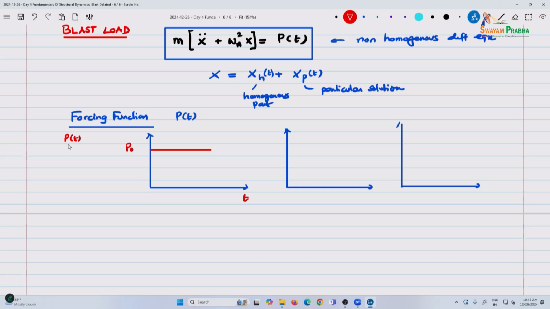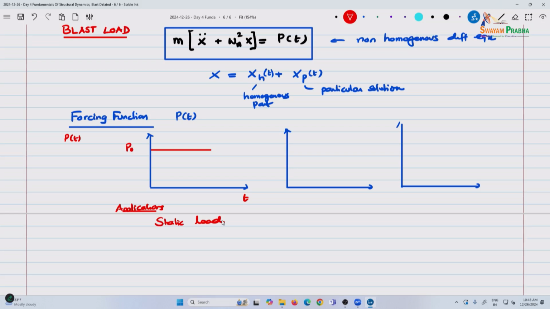Static load. Okay. So applications, but we will call this quasi-static here. Static loading is not part of this course.